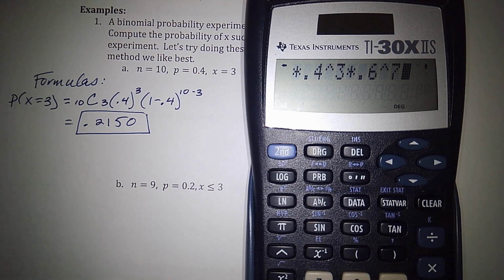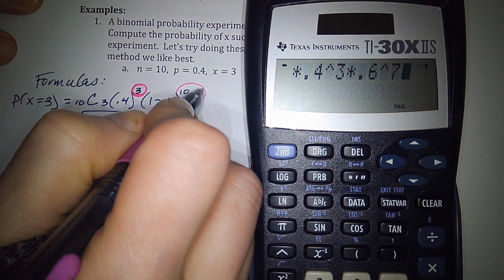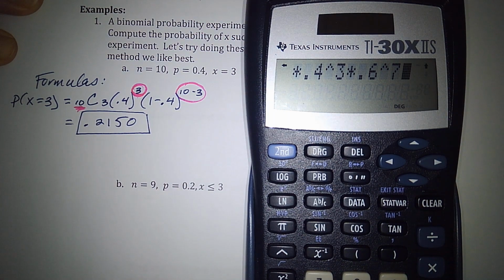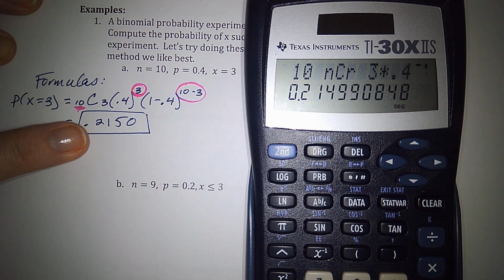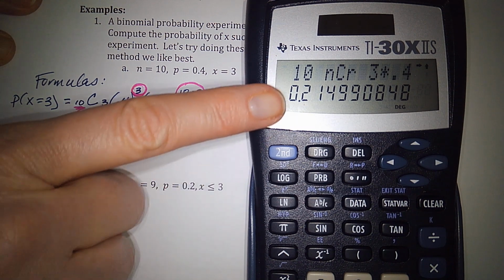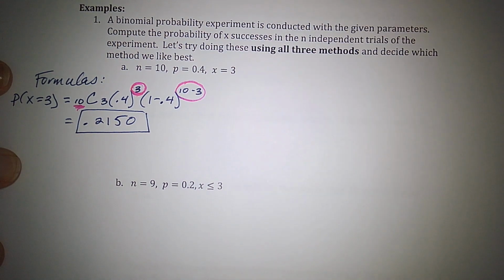You're always going to notice that how many successes and how many failures you want have to add up to the total number in your trial. So we should get the same value here that I got by hand. Let's do the same thing a couple more times, again using our calculator, and then we'll move on and do these different ways as well.